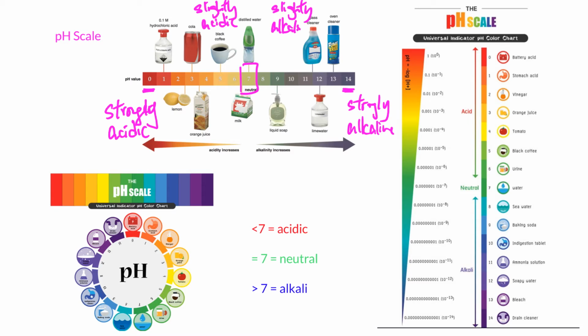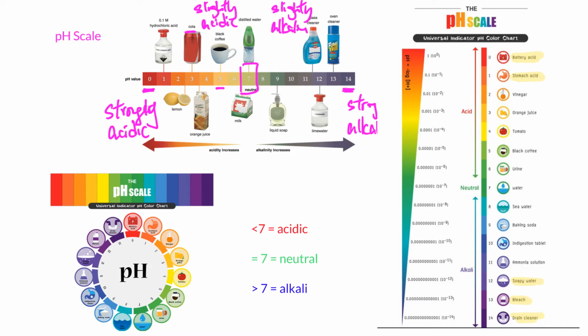Get it? So for example, black coffee and Coca-Cola will be slightly acidic. But for hydrochloric acid, gastric juice, or a car battery, you can see the other pictures that I show you, they look much more dangerous. You have car battery, stomach acid, and for the other side we have drain cleaner with bleach and soapy water.